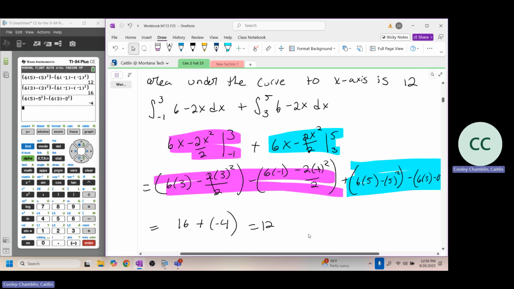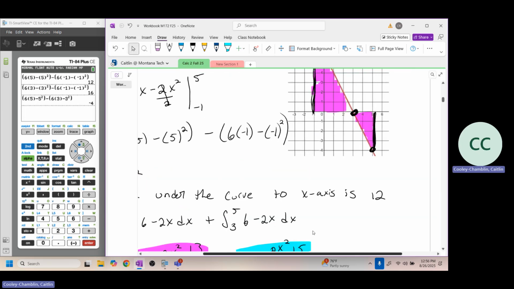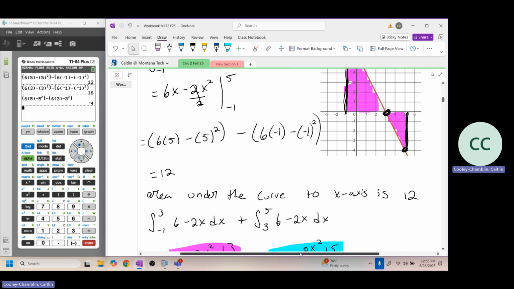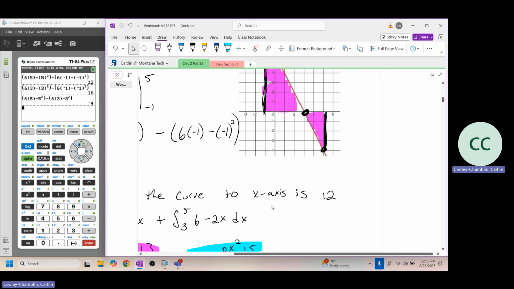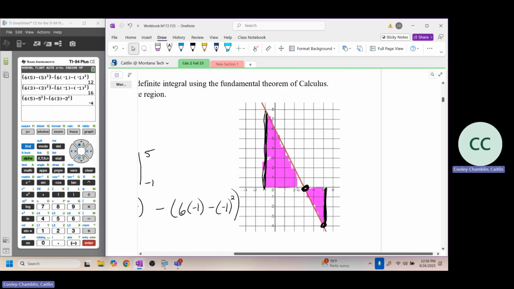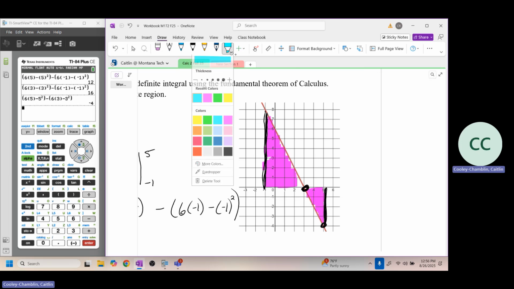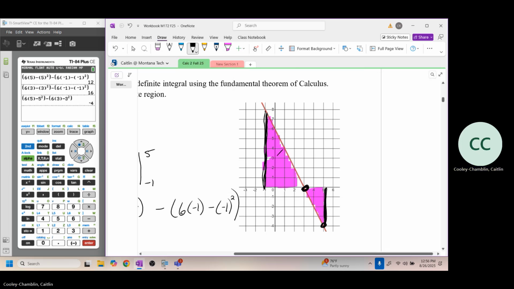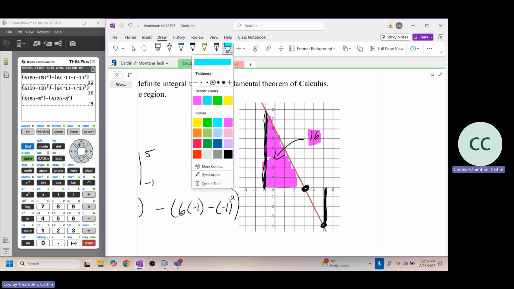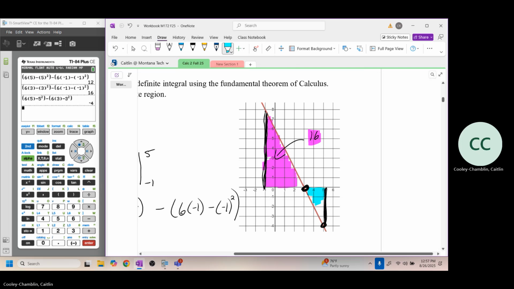So really what's happening, I'm going to go back up here, is if this area in purple was the purple area we just did from -1 to 3, this purple area is 16, while our blue area is -4.